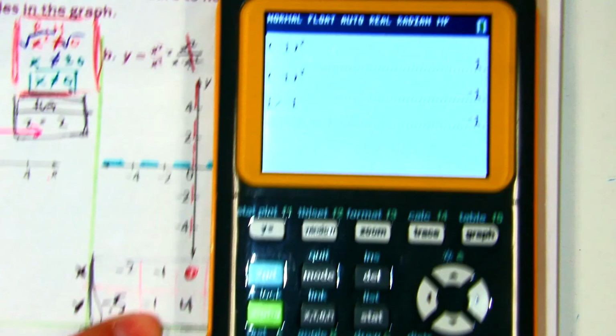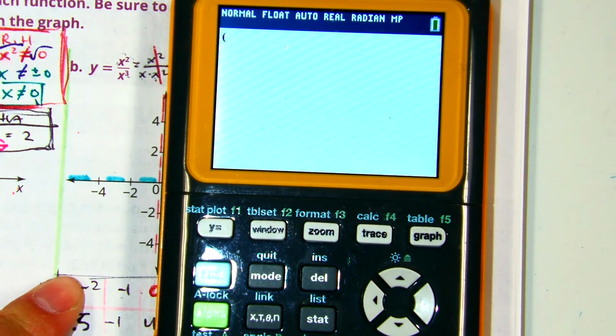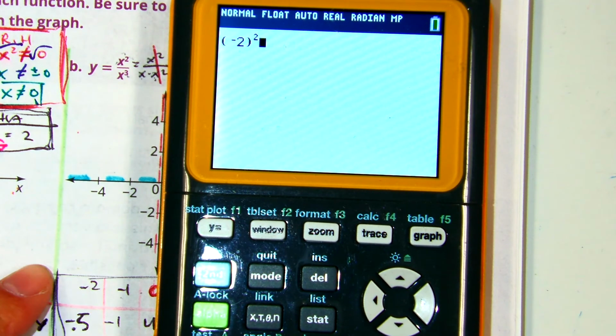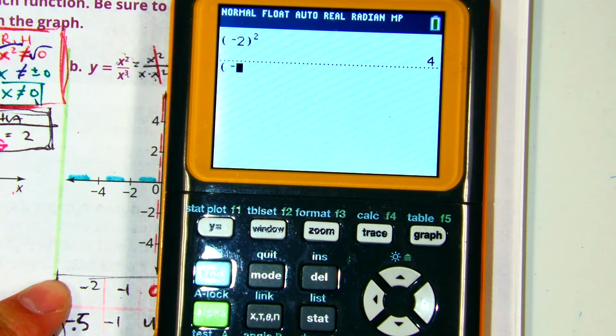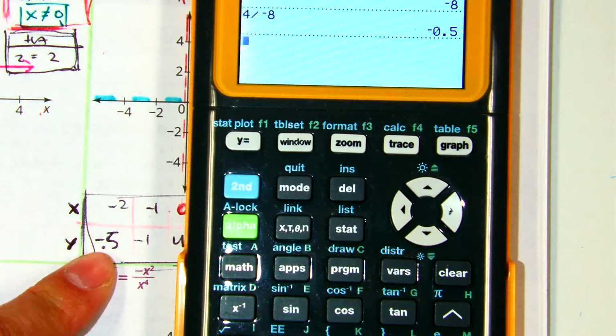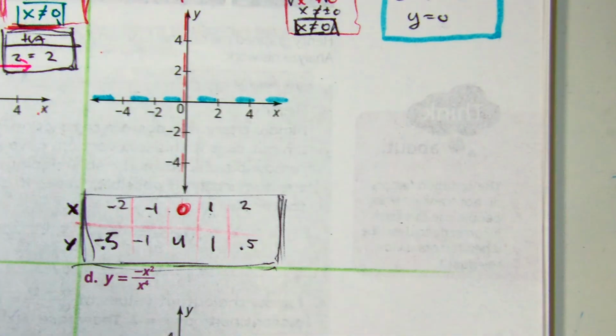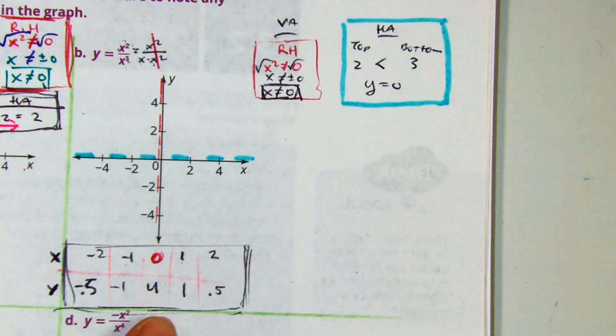Does that make sense? Let's try -2. -2 squared is 4. -2 cubed, what do you think it's going to be? -8. So 4 divided by -8 gives me -0.5. That's how I got that one. Okay? That's how we got our table of values.